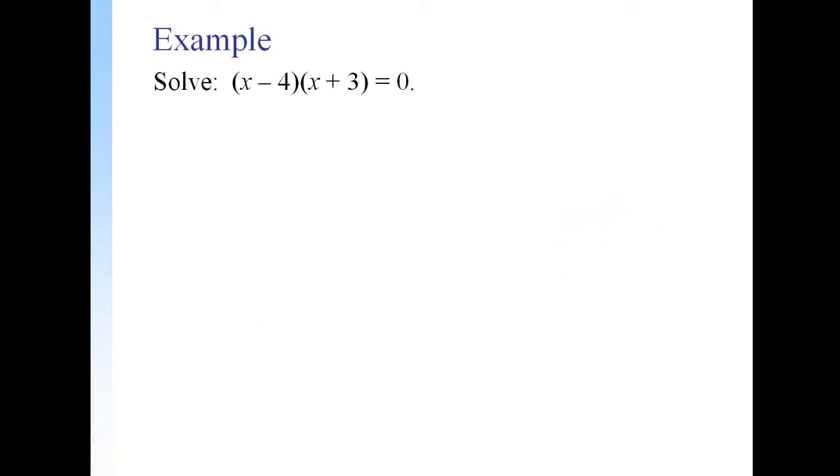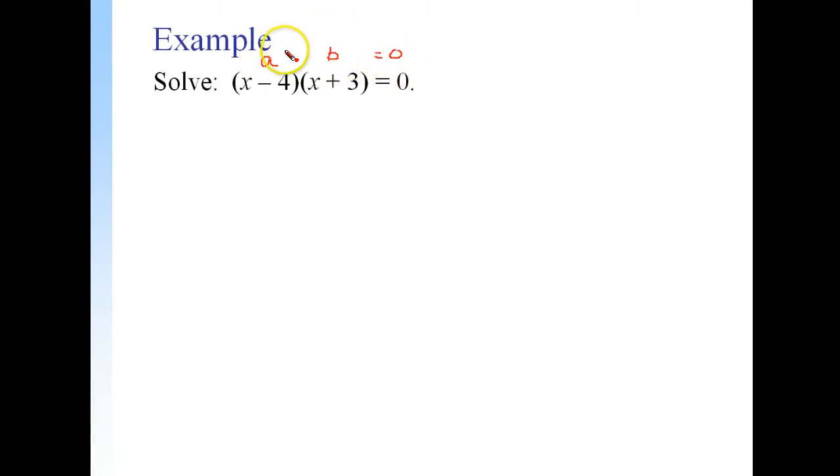Now, here we're seeing our first example. So let's take a look at it. And we have here, think of this as if it were a, and this indicates times, and this is b, and we're saying a times b is equal to 0.